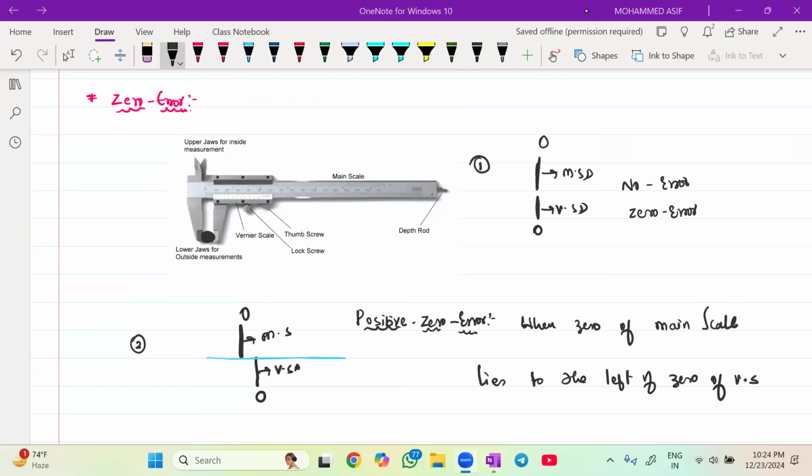Now can anyone tell me what will be the main scale reading of the diagram? Anyone? जीरो से पहले मेन स्केल का क्या रीडिंग दिखाई दे रहा है अपने को? जीरो ना, that is zero. Yes, sir. Plus, what do you mean by VSR, beta? The number which is coinciding. So this is 1, this is 2, this is 3. 3 is coinciding with the main scale reading. Remaining nothing is coinciding. So Vernier scale reading means the number which is coinciding.